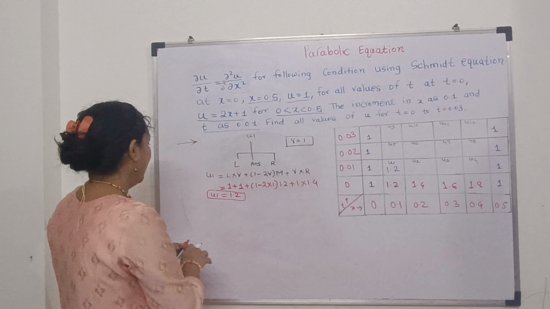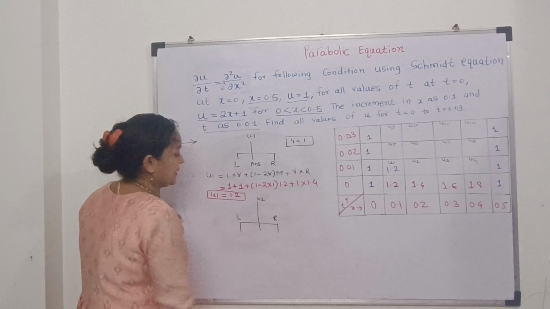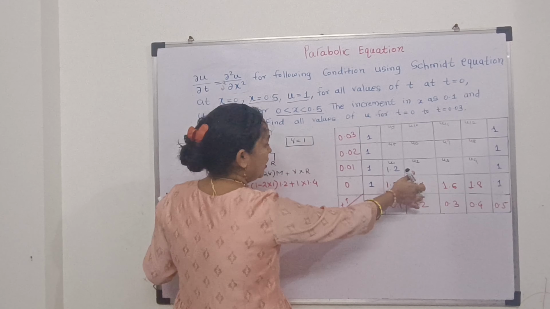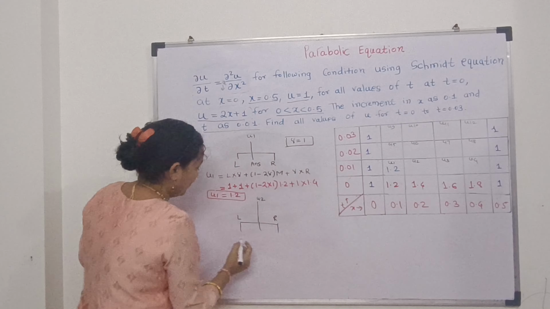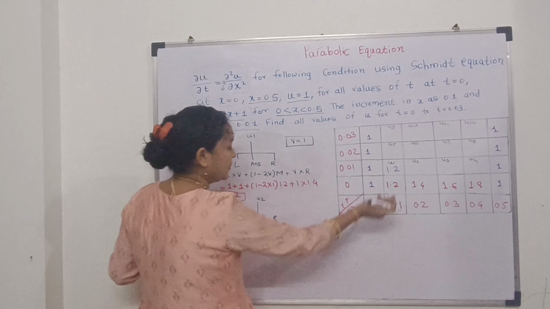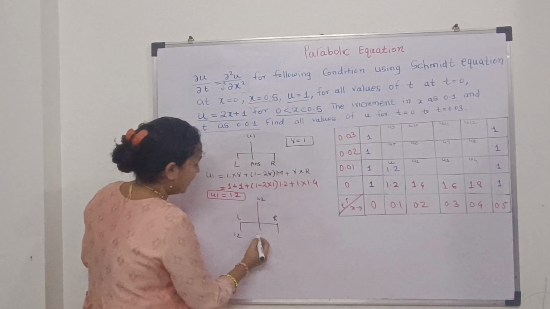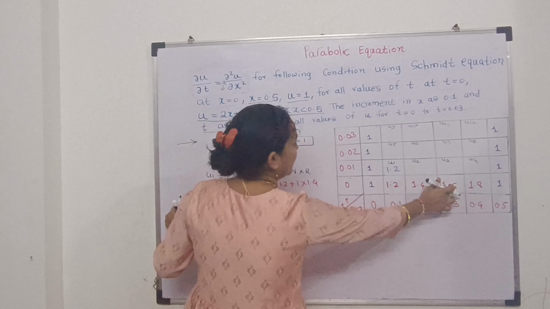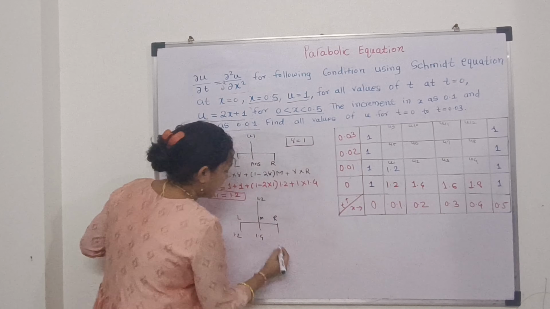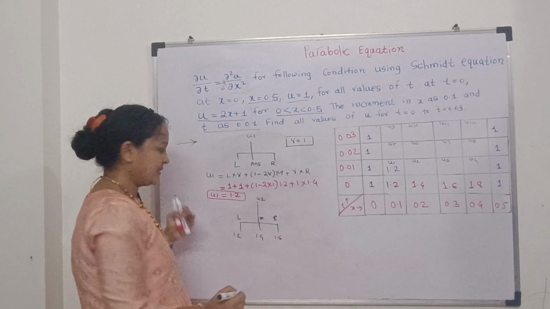For u2, the left hand side value becomes 1.2, the middle value you can consider as 1.4, and the right hand side is 1.6.